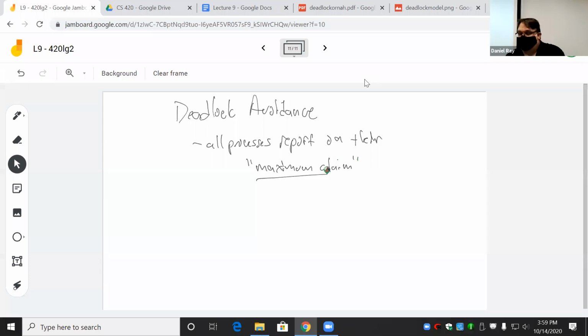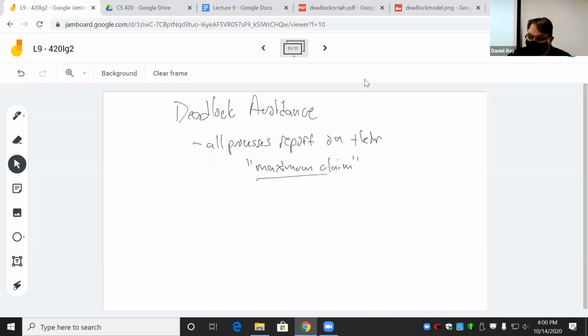In other words, we need every process to tell us up front the maximum number of each resource that they are ever going to request. Okay? They tell us up front, I'm going to need at some point a maximum of 7 integer addresses. Or I'm going to need at some point a maximum of one spot in the print spool. Okay? Whatever the resource is, they tell us their maximum claim on it.